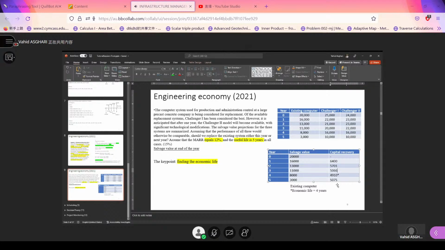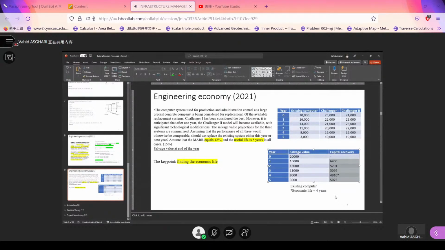This is basically finding the annual equivalent based on present value and future value. And for option one, for the existing computer, the economic life is 4 years, right? Because the capital recovery corresponding to keeping the existing computer for 4 years is the minimum among all other capital recoveries.